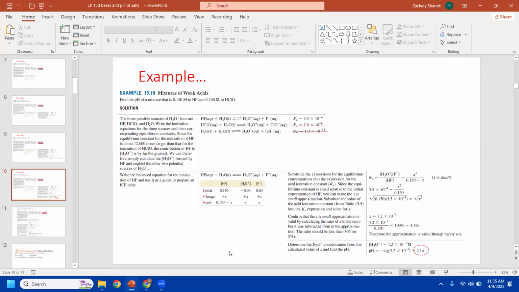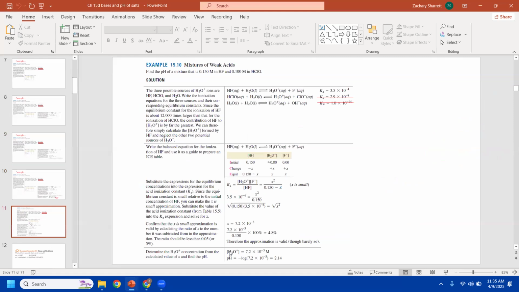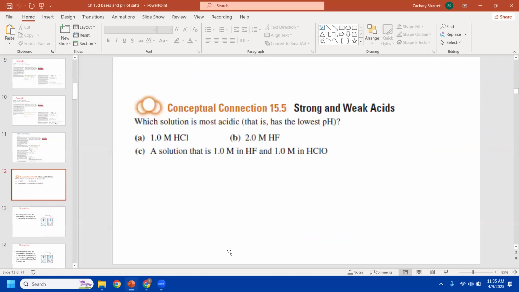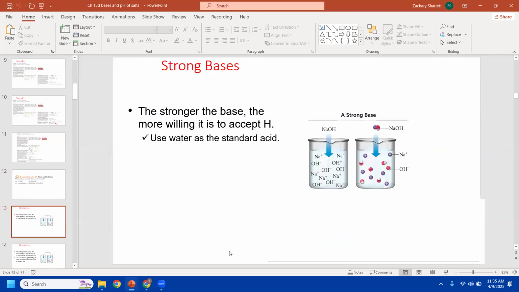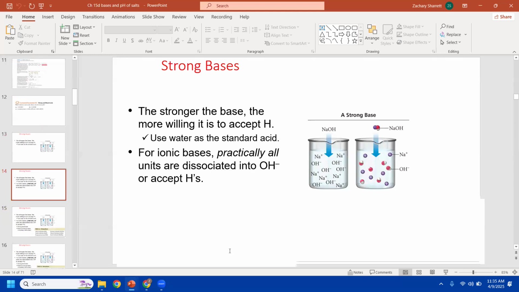So 2.14, is that what we had? Good job, Bryce. So conceptual check. Let's not do this conceptual check, that's a dumb one. So with strong bases, calculating the pH of a strong base. For ionic bases, practically all units are dissociated.